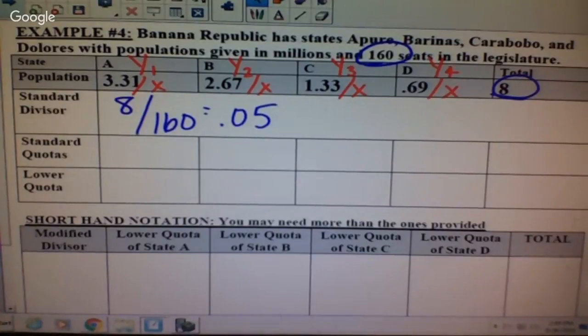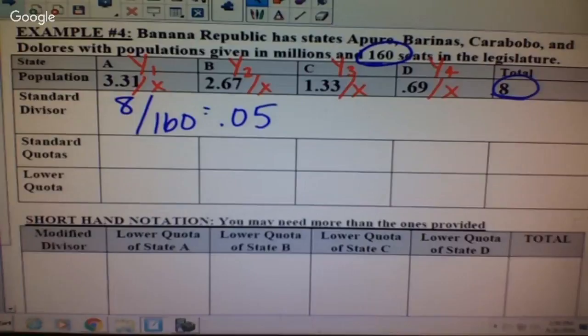All the state populations into Y equals. And then you need to put your standard divisor into your table start. So you would hit second window and enter in 0.05. Then go to your table. And you're going to pull all of your standard quotas from there.